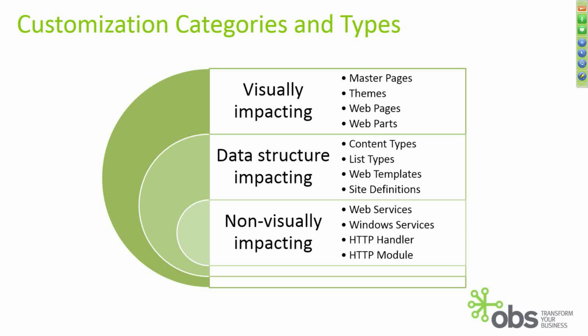Then what we call data structure impacting: content types, lists, web templates, site definitions, hopefully by now everyone's moved off those. And then finally what we call non-visually impacting. These are the things that run behind the scenes: web services, timer jobs, service applications, those kind of things. Let's look through each one of these.